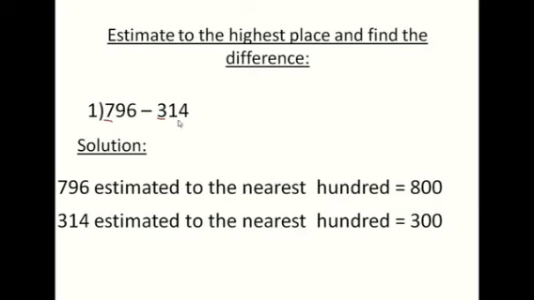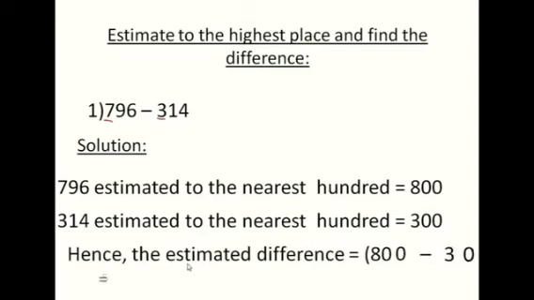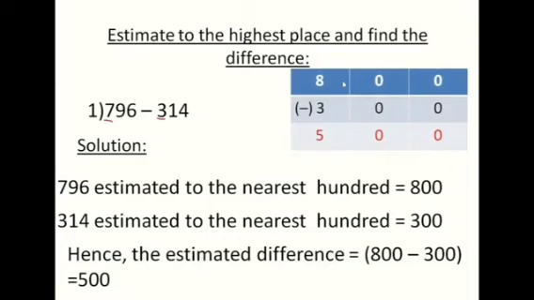Hence the difference, how will we do it? 800 minus 300. So the estimated difference equals 800 minus 300. It gives you 500. Use your working column like this. You write 800 minus 300 gives you 500. I hope you have done it correctly.